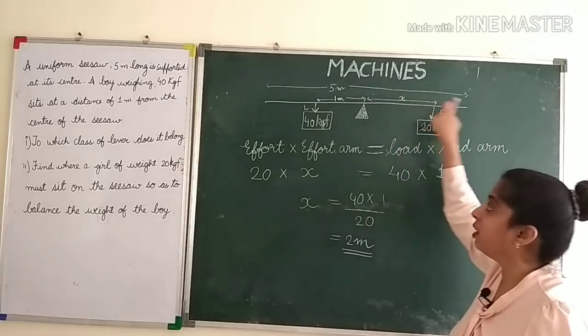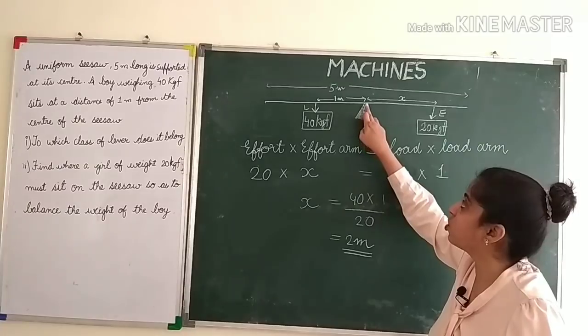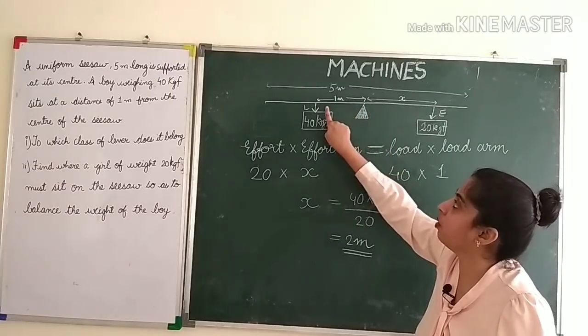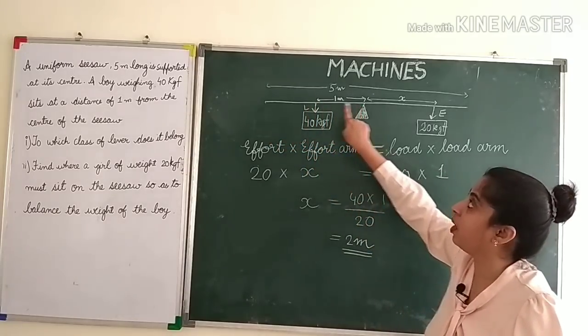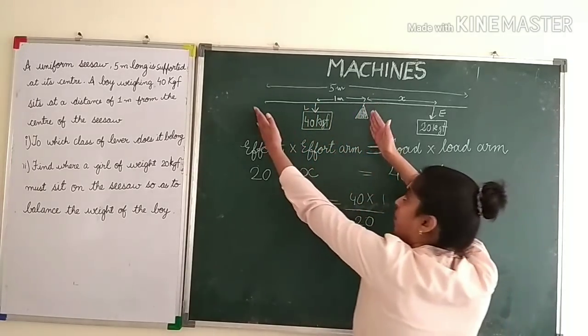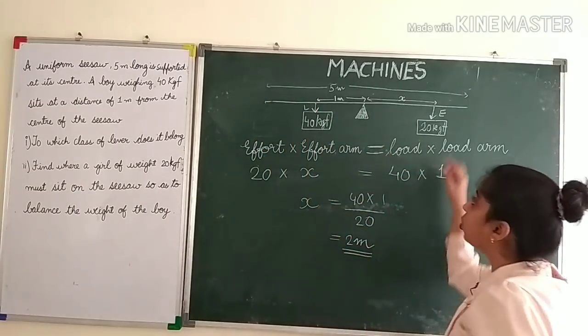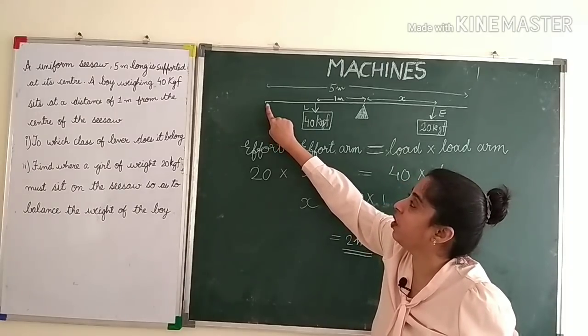So you first have to find the position of the fulcrum. If the fulcrum is in between, then it has to be at 2.5. They can tell you this distance not from the fulcrum but from this end. Then you will have to calculate what this distance is. This distance will be 2.5 minus whatever is given. So in this question they can tell you anything.